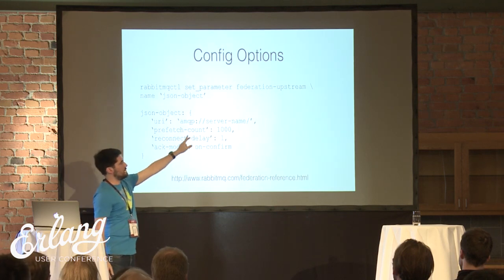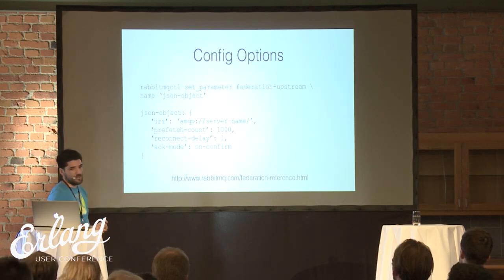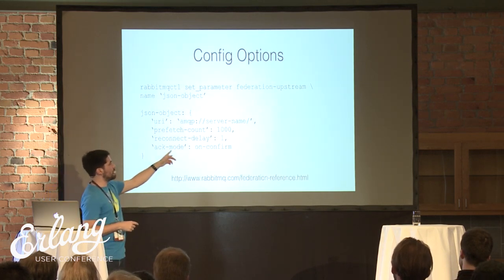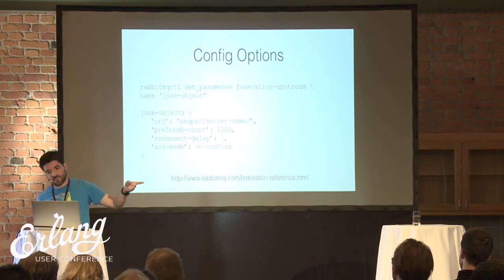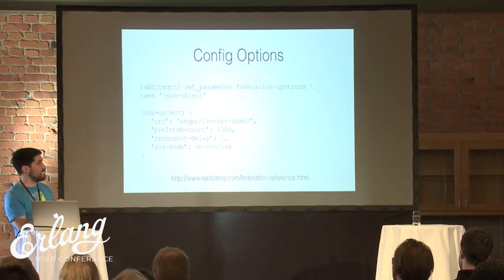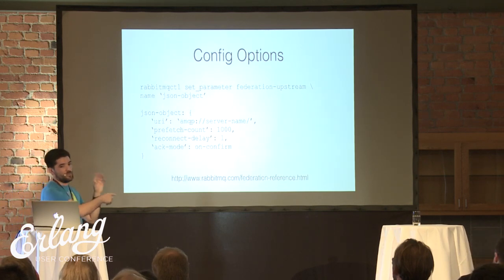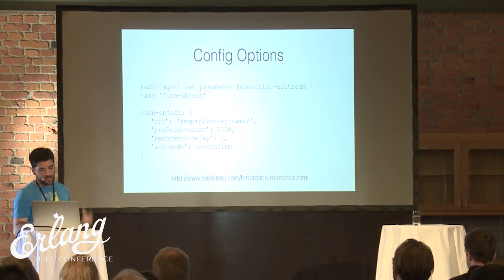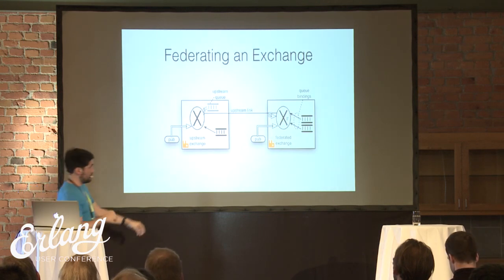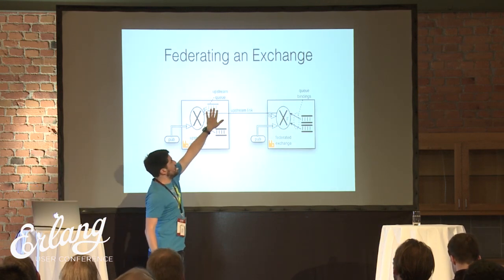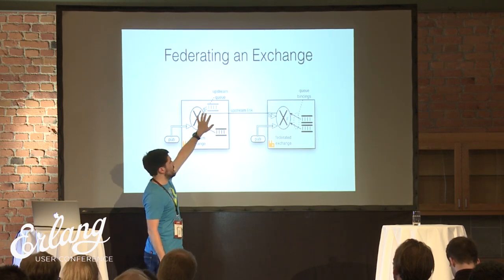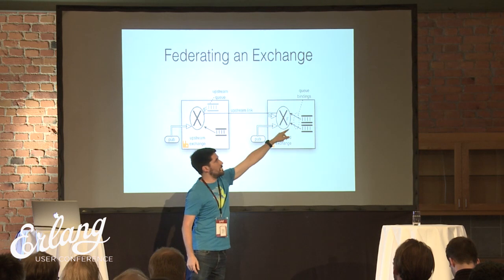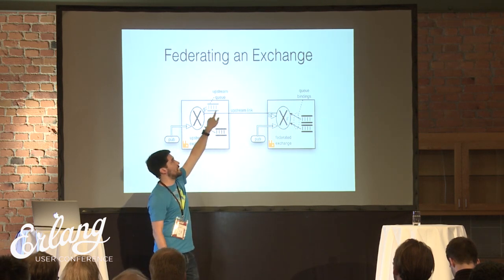Reconnect delay in seconds: if the remote connection cuts, when to try again, and so on. And the acknowledgement mode: on confirm means when the remote server confirms that it received the message, then this process will ack to the local Rabbit that the message is consumed. So we have this queue here, also getting the messages going to this exchange. When this server confirms back, then we ack the message here.